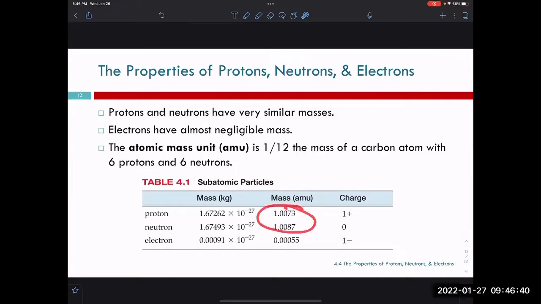But this is a lot easier to use than these times 10 to the negative 27 numbers. So you should definitely know the relative masses of the proton, neutron, and electron, and that the charges are +1 for a proton, 0 for a neutron, and -1 for an electron.